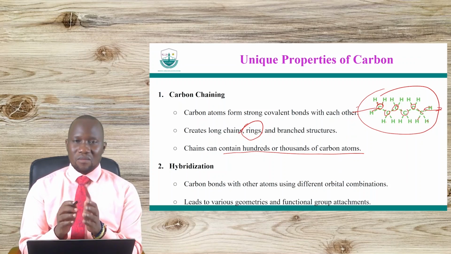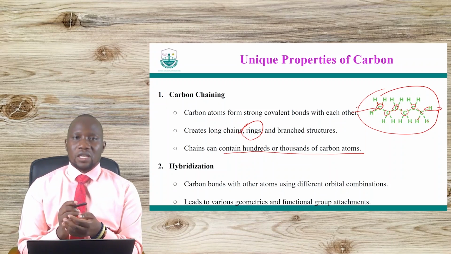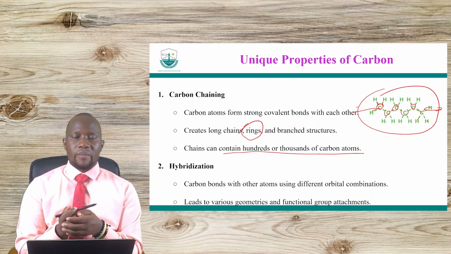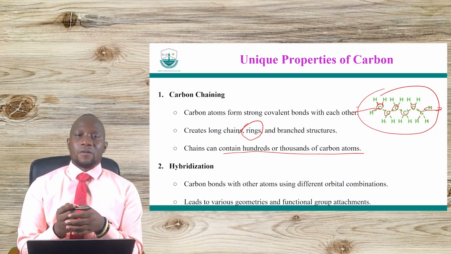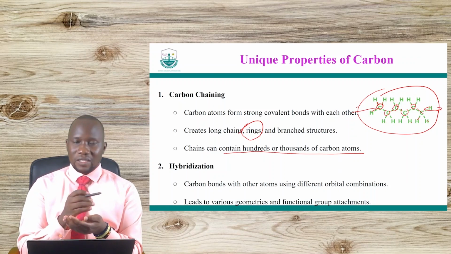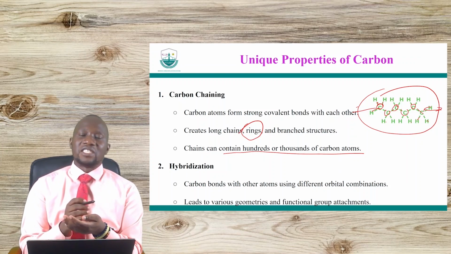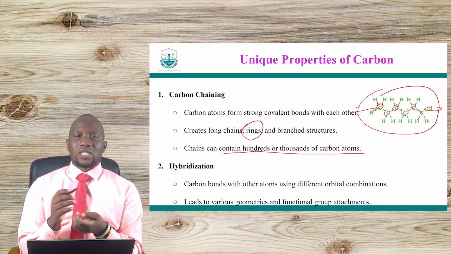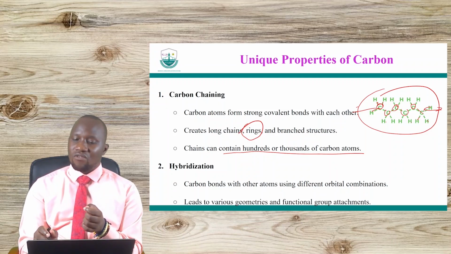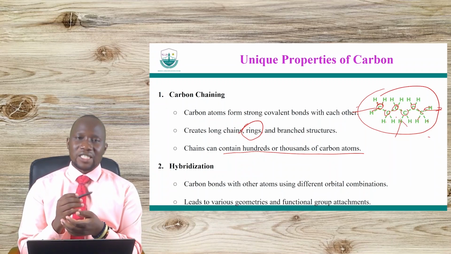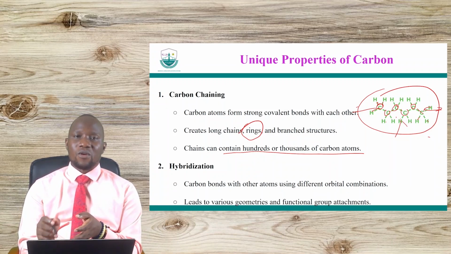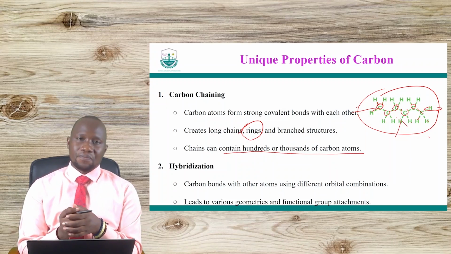So you have the same compound, that is to say, it has the same number of atoms of different elements, but the way these atoms are arranged can be different. So you can have one compound arranged in different ways, and therefore you have different varieties of the same compound because of the arrangement.